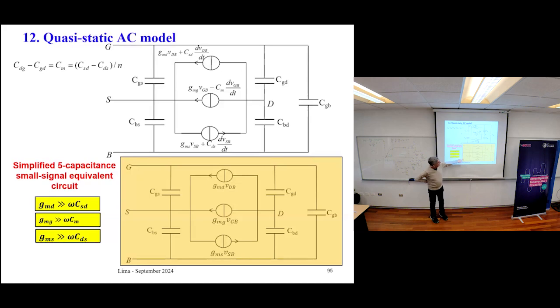Okay? Then you remove this guy here. It doesn't have any effect on the circuit. Okay? Okay, what else? This current source here disappears because VSB is equal to 0. So you have a simpler problem to solve. Okay.